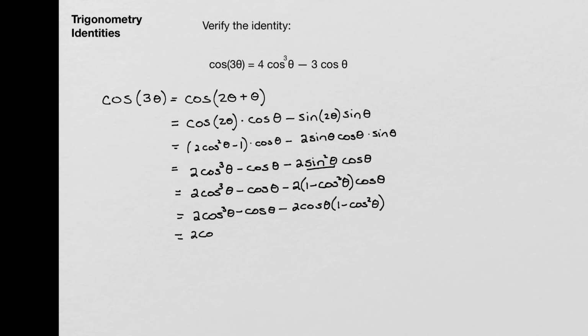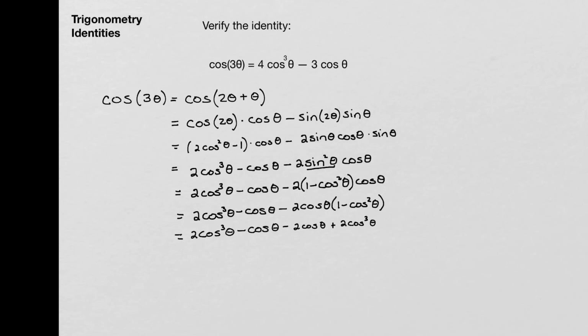And then I have 2 cosine cubed theta minus cosine theta minus 2 cosine theta, and then plus 2 cosine cubed theta.